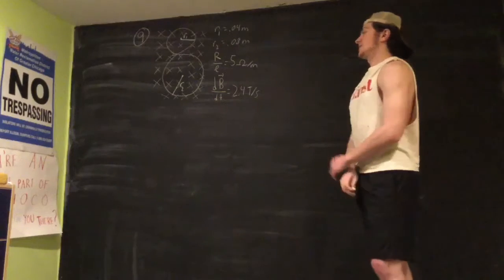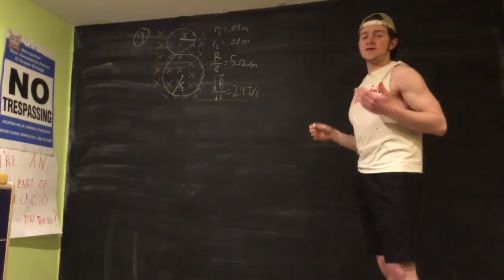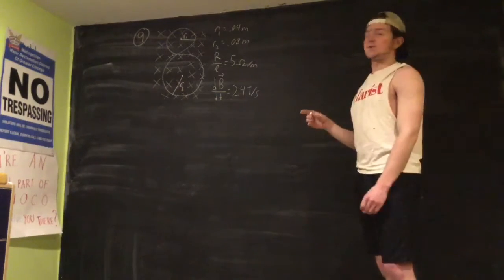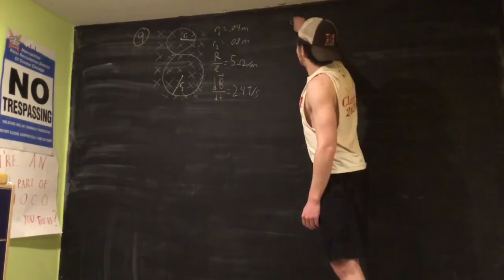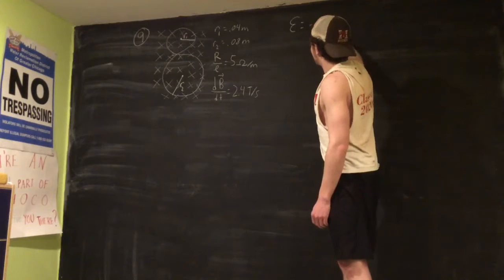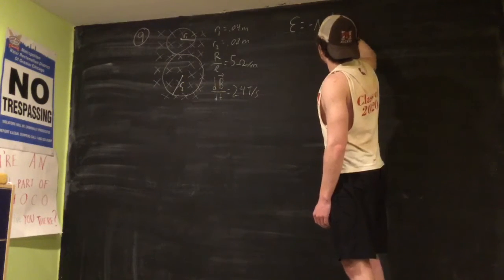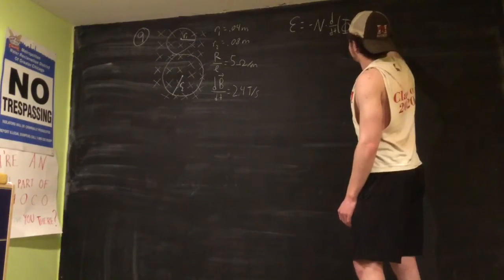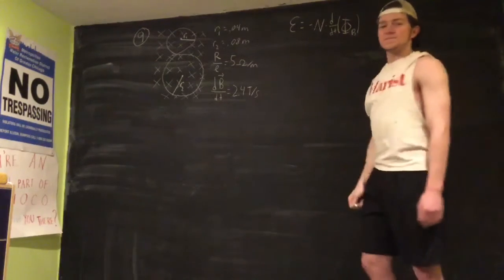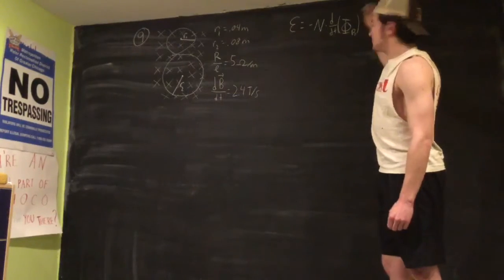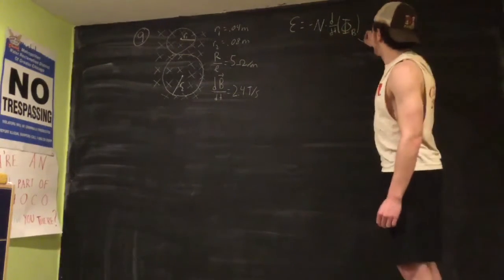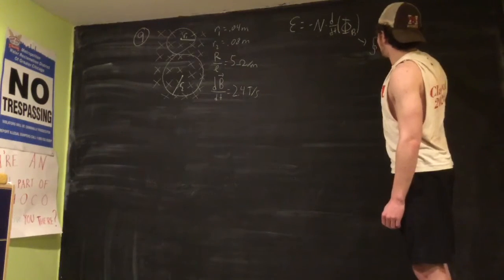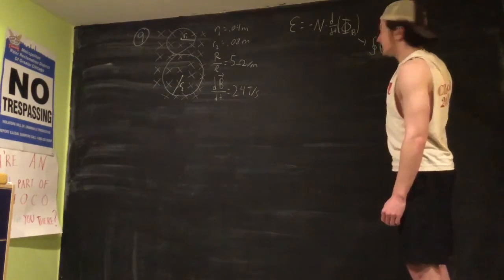So first, we got to determine the voltage produced by the increasing magnetic field. And we got to use the equation epsilon is equal to negative n times d over dt of magnetic flux. Magnetic flux is defined as the integral of magnetic field dot dA.